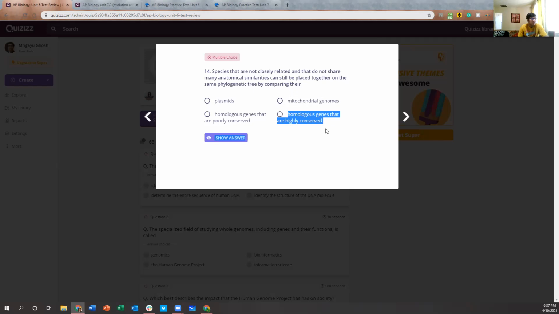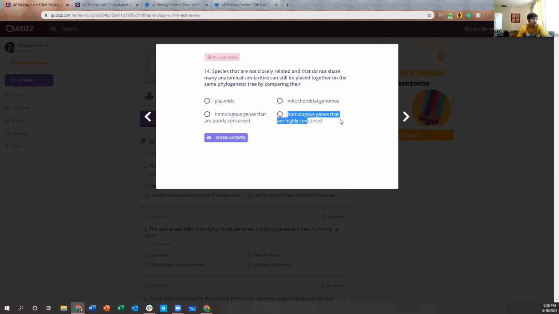Homologous genes that are highly conserved, and then homologous genes that are poorly conserved. I'm not exactly sure. I just had to take a guess.